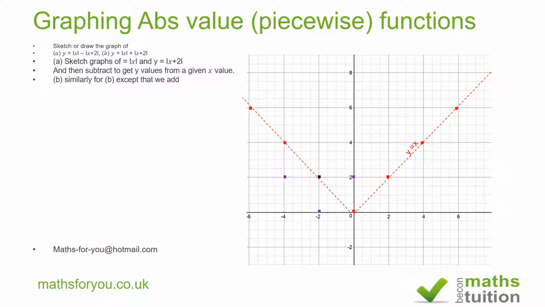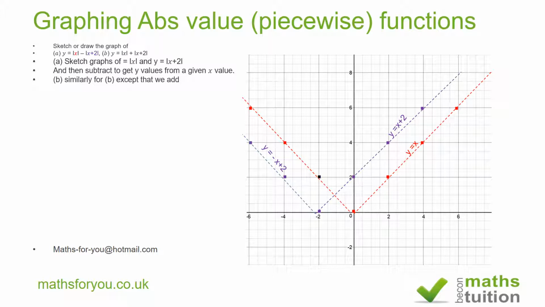Excuse me, my mouthful there. Similarly, I can sketch the graph of y is equal to absolute value x plus 2. Okay, so both graphs in purple represent the graph of absolute value x plus 2.